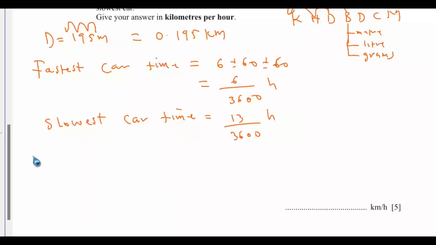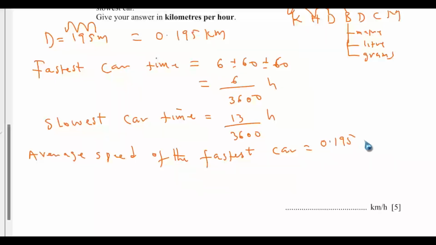So let's calculate the average speed of the fastest car. The average speed of the fastest car will be equal to the distance, which is 0.195 kilometers, divided by the time, that will be 6 out of 3600.